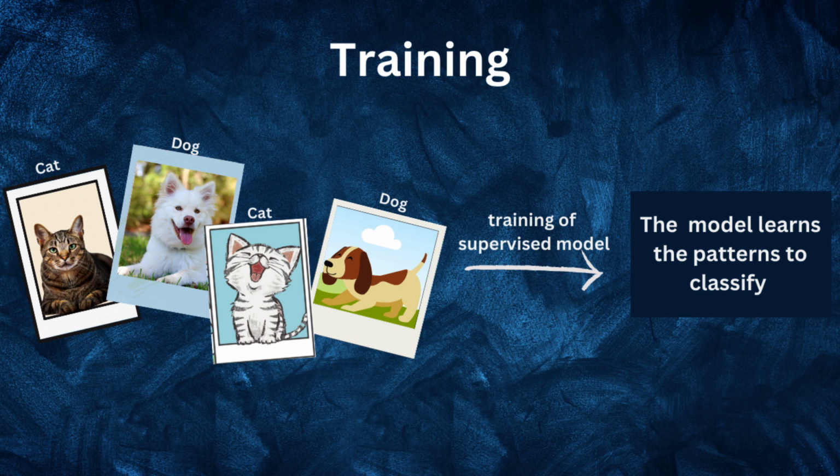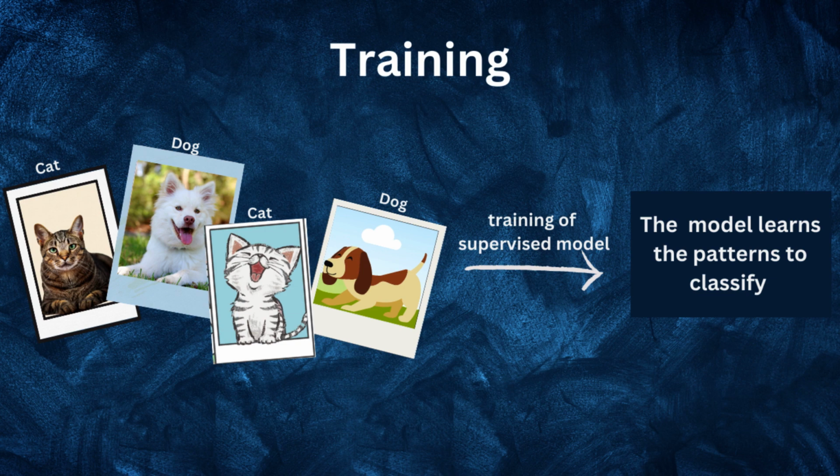It looks at things like shape of the ear, color patterns, and face structure. By studying many labeled images over time, the model gradually learns which patterns or combination of features are associated with each animal. So here, in the training process, the supervised model will learn how to categorize images based on the features present in the image.